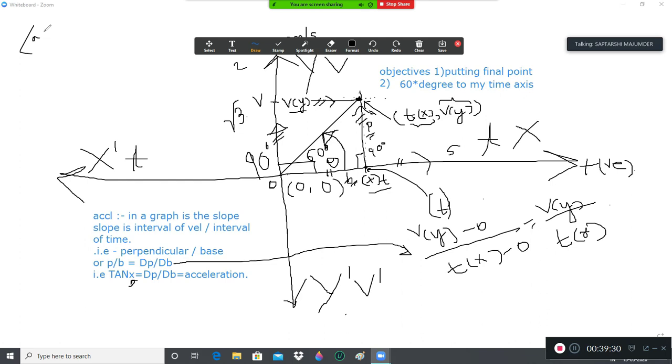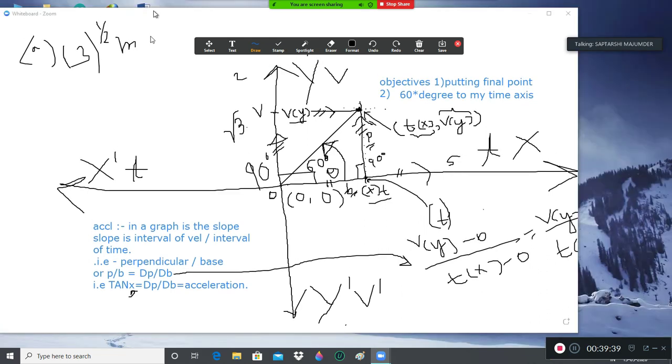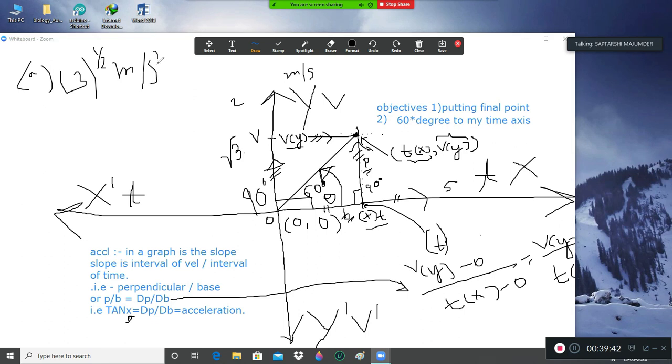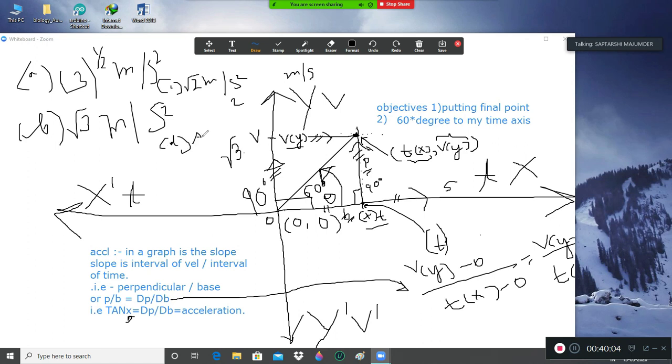We know root 3 meter per second square; so if I say this is 3 to the power half meter per second square, and the other option is root 3 meter per second square, and this one is root 2 meter per second square, and the last option is both A and B. Obviously you might think otherwise, but I am saying that both will be the right answer.